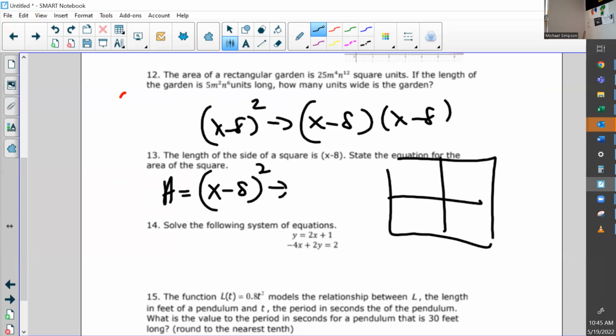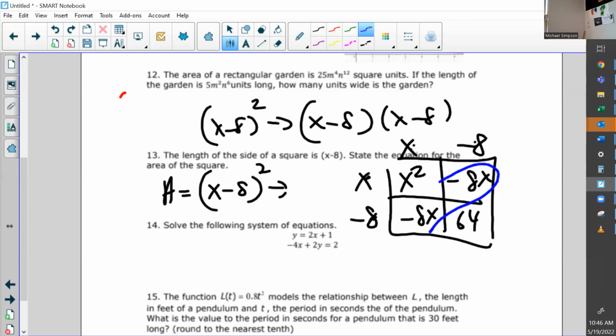So I'm going to have an x and a minus 8 here, an x and a minus 8 there, and just multiply. x times x is x squared, x times negative 8 is negative 8x, this gives me negative 8x, and this gives me positive 64. Then we just add the two middle terms, and that gives me x squared minus 16x plus 64. So that's number 13 right there. Think of area: area is the side squared.